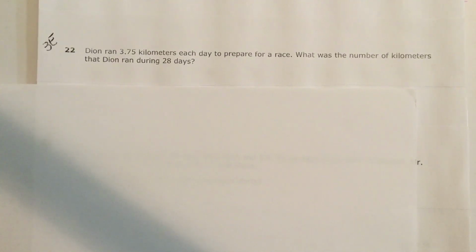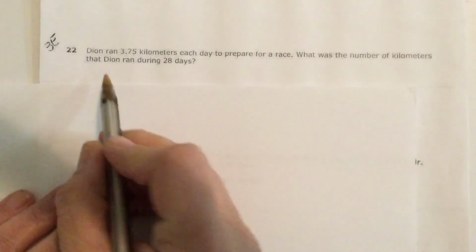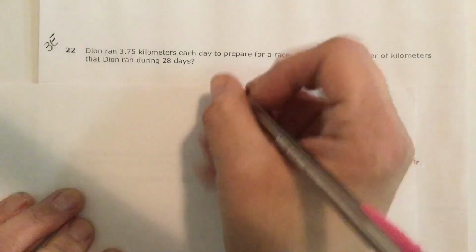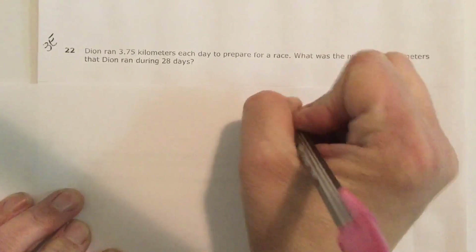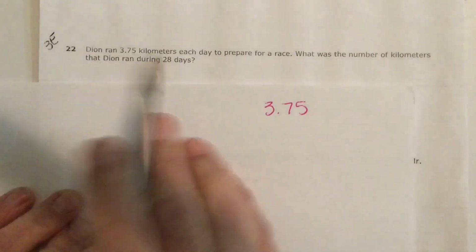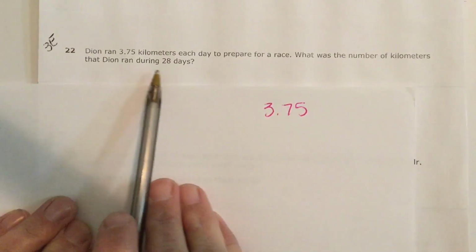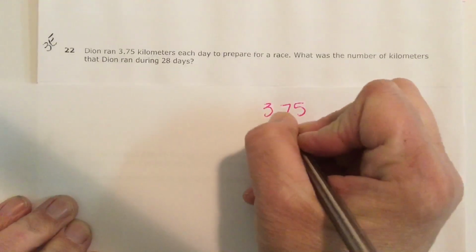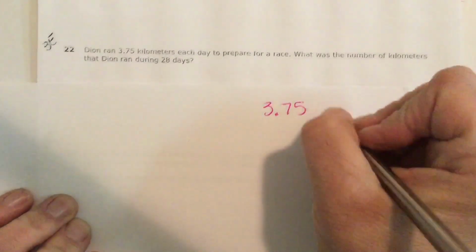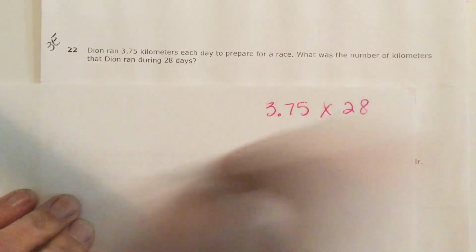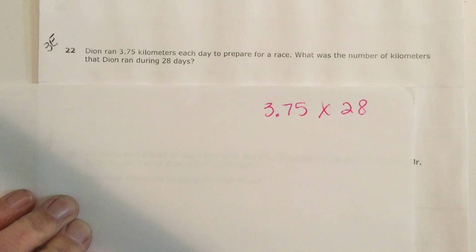So explain to me how you would solve this problem. Okay, so Dion ran 3 7/75 kilometers each day. So each is important. What was the number of kilometers that he ran during 28 days? So you should have said 3 7/75 times 28 is how you're going to solve that problem. That's it. That's all you had to put.